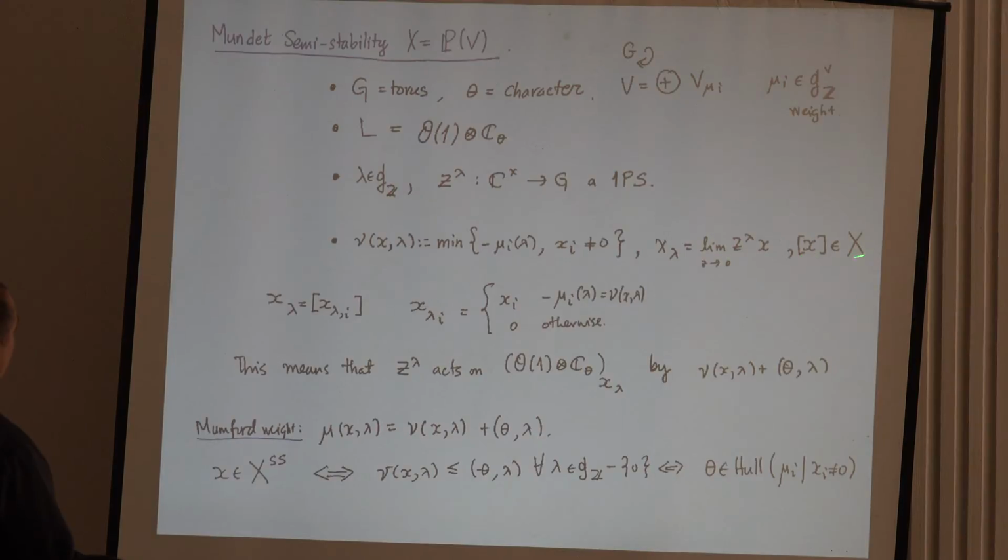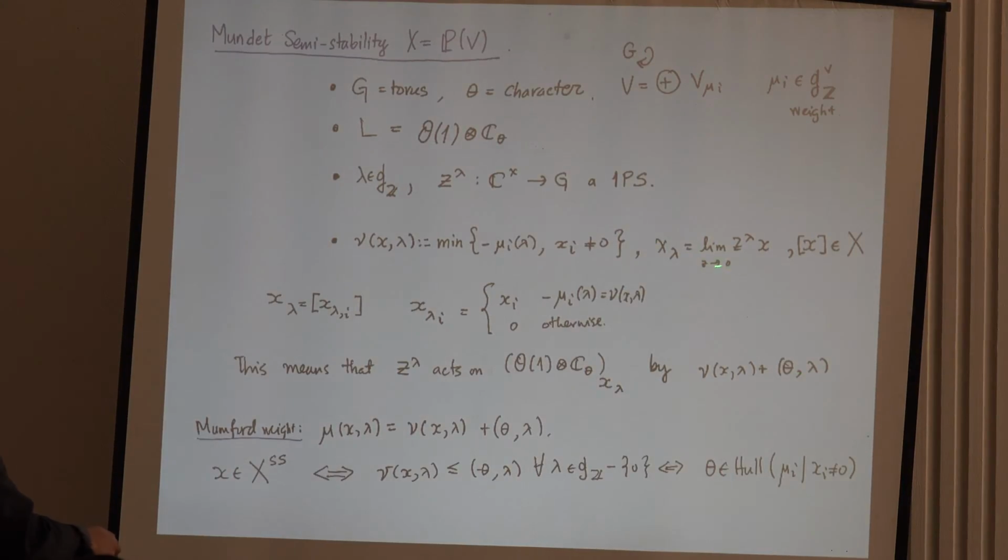So x is a point in X, right? And so in homogeneous coordinates, it's just given by x1 to xn, whatever the dimension of this is. And then you look at the ones that are non-zero, and then you consider the minimum of that. So whenever you take the limit of that point, so you flow, right? So you flow with respect to this one-parameter subgroup.